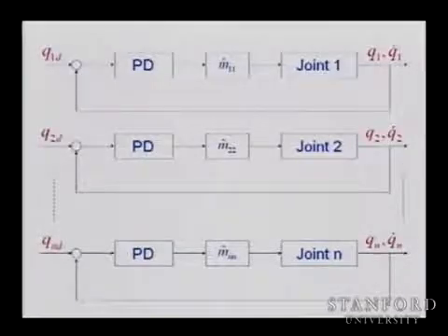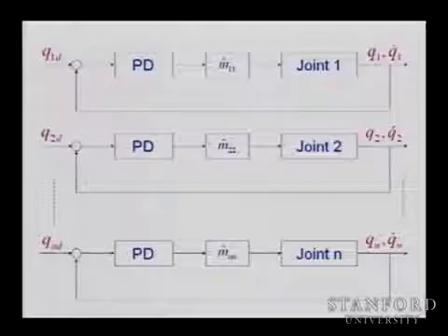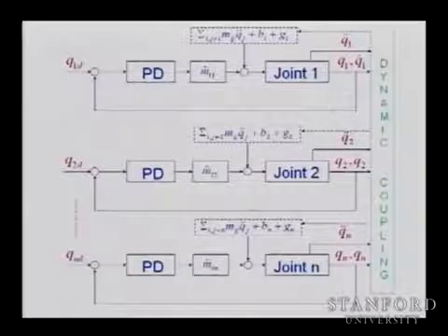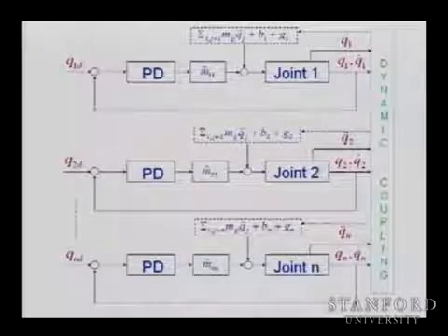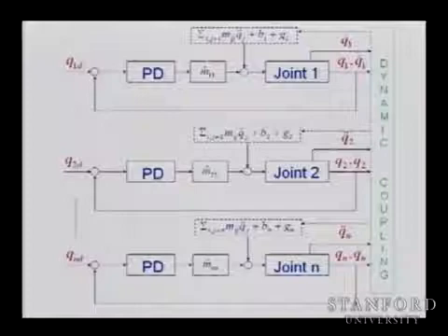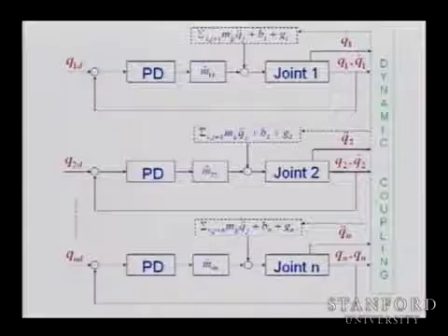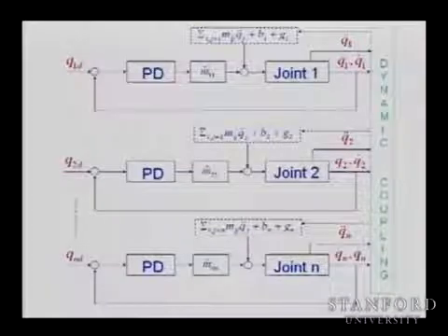They say, okay, I'm not going to care about the motion of joint 2. I'm going to put a controller with large gains so I can control each of the joints separately. Whereas in reality, in the n degree of freedom system, each of those joints is receiving those coupling forces, and these coupling forces are interacting.